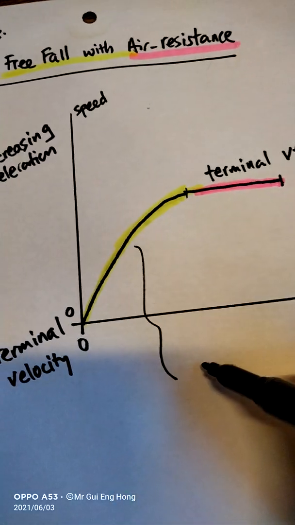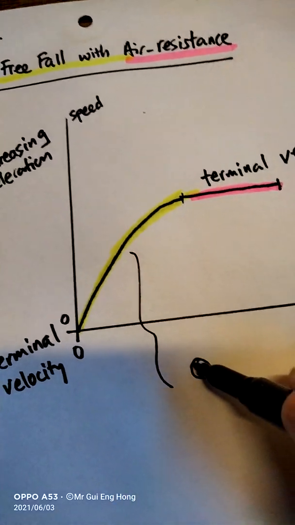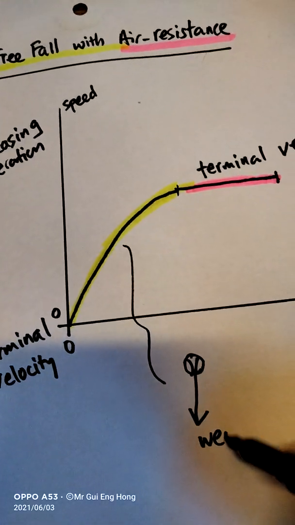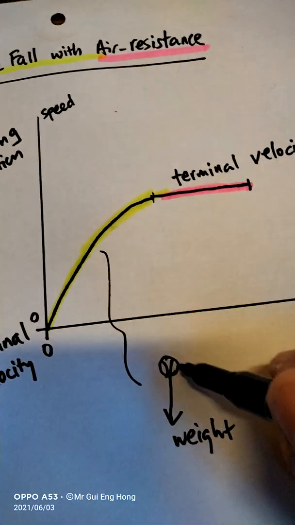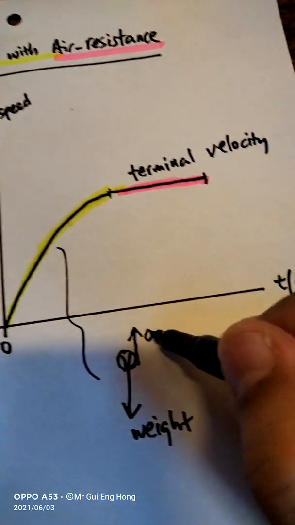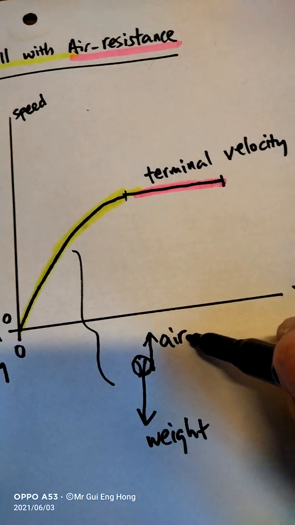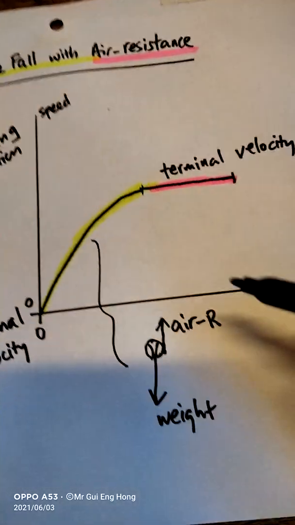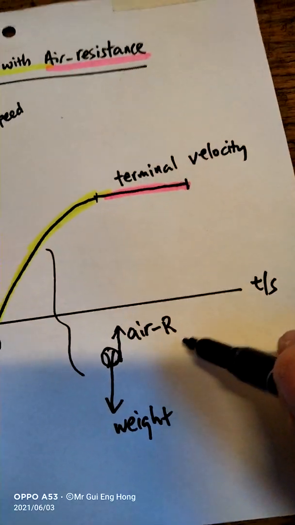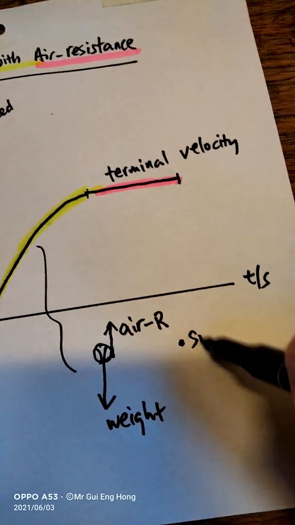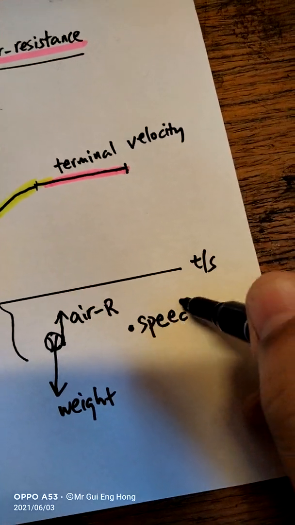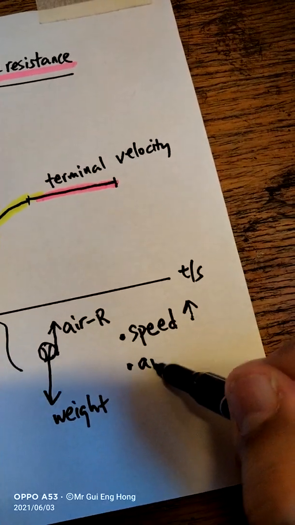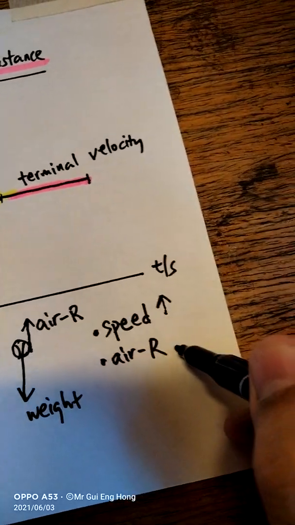This is because when the ball is falling down, the weight is constant. However, the upward air resistance force is not constant. The key point is that as the speed increases, the air resistance also increases.